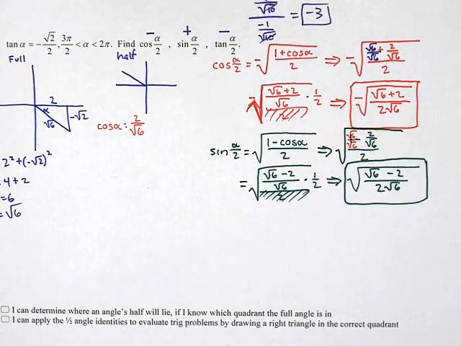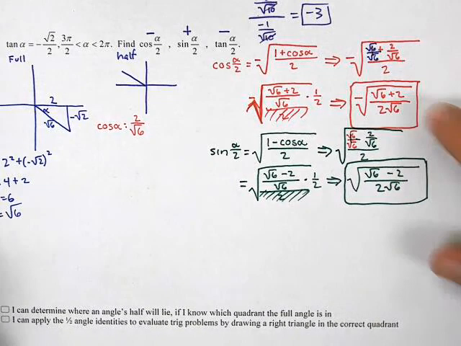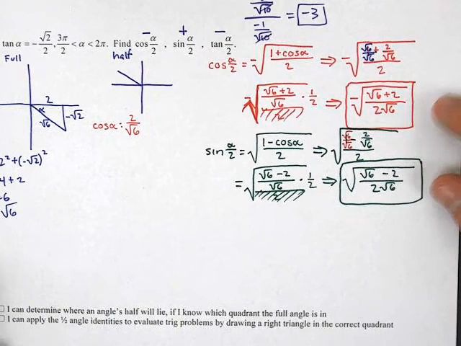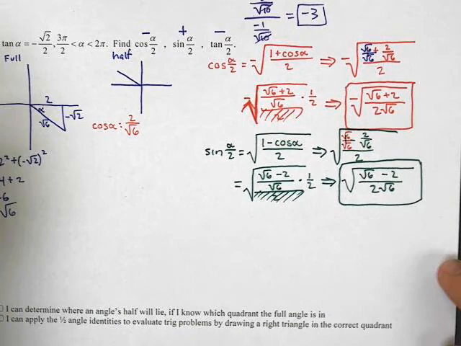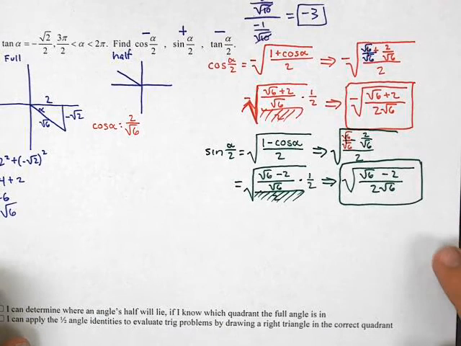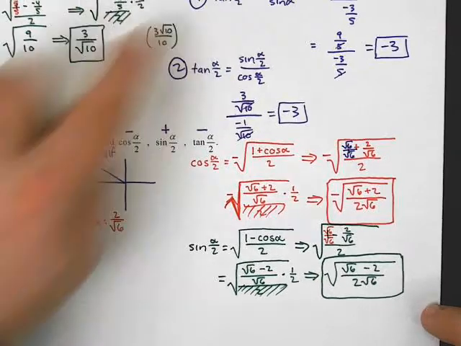Whew. Ugly, ugly, ugly. At this point in time, I guess we have options. Just because these didn't clean up very nicely, guys, my thought here would be that it would probably be best to actually use our tangent formula. All right? And I know we did that up above, right?